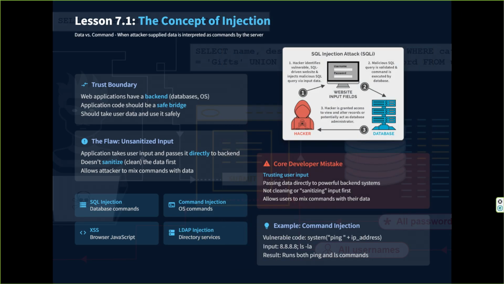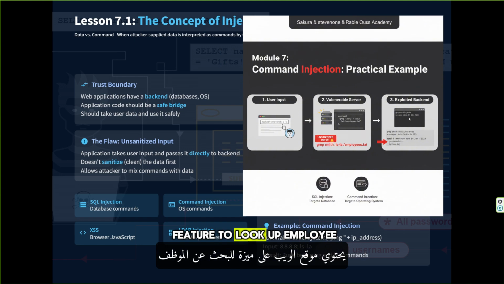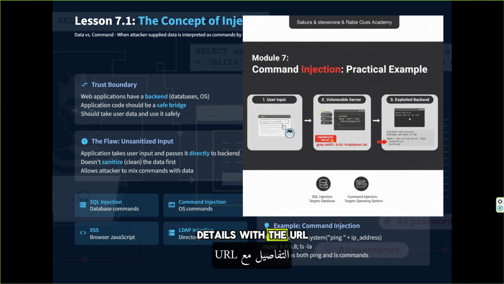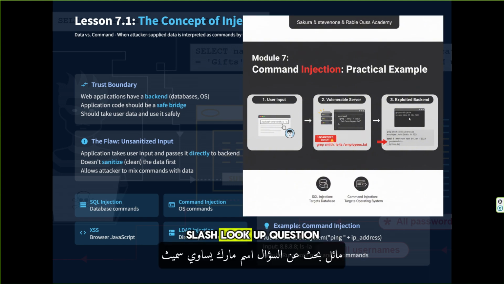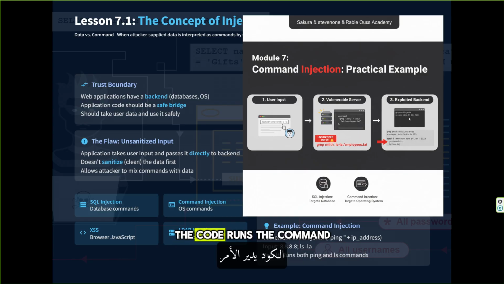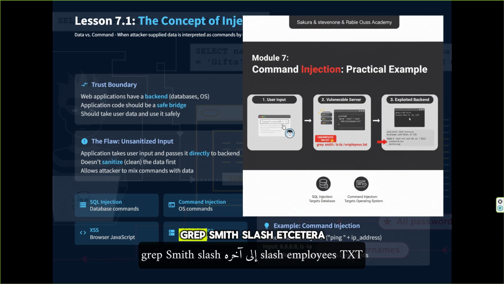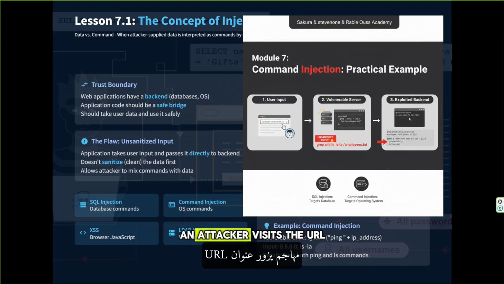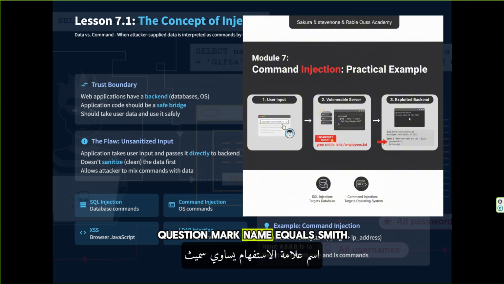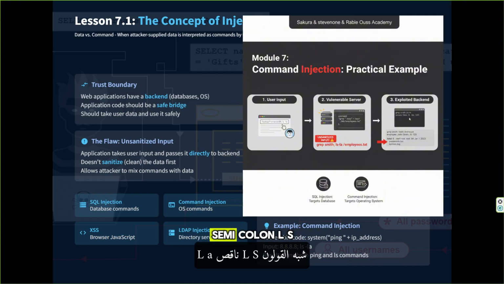Practical example. A website has a feature to look up employee details with the URL /lookup?name=Smith. The code runs the command grep Smith /etc/employees.txt. An attacker visits the URL /lookup?name=Smith;ls -la.